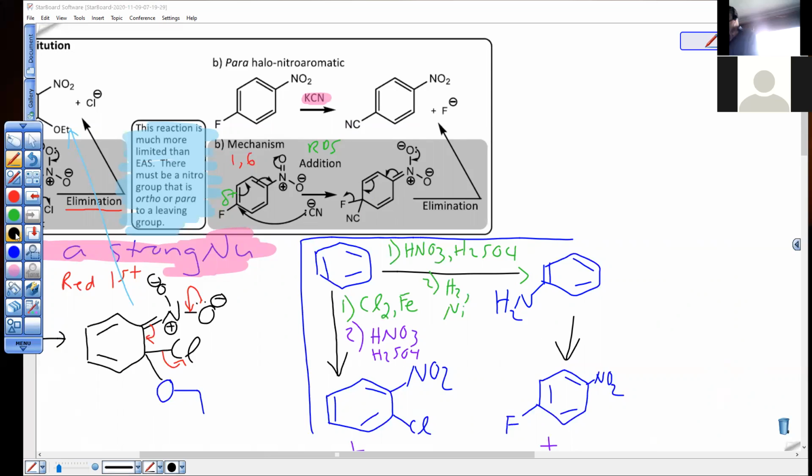I am going to do the first one. I'm going to put the nitro group on. HNO3, H2SO4. Then I'm going to diazotize my nitrogen. What does that mean? What does diazotize my nitrogen mean?